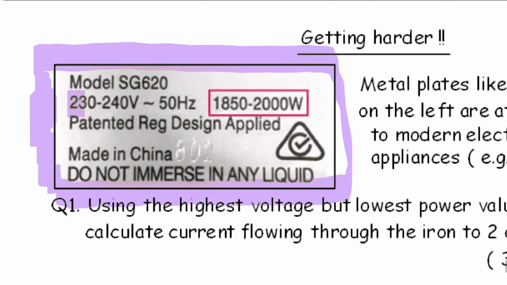It's designed to operate between 230 and 240 volts and at 50 hertz. So that would work in the UK. In America and other countries, they have different voltage levels for the mains circuit. The power rating is there, between 1850 and 2000 watts.